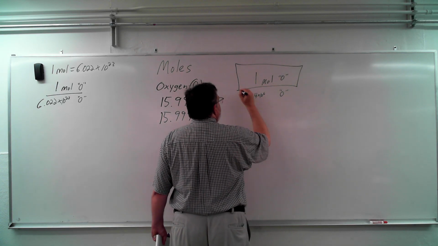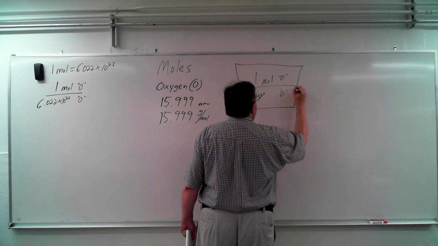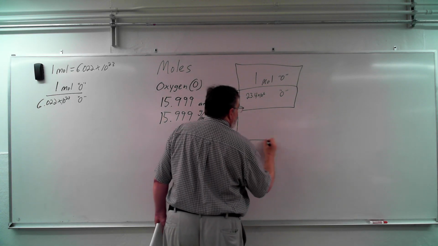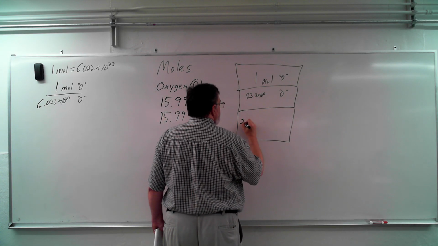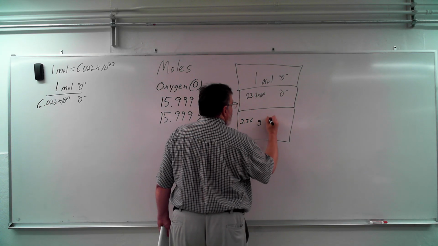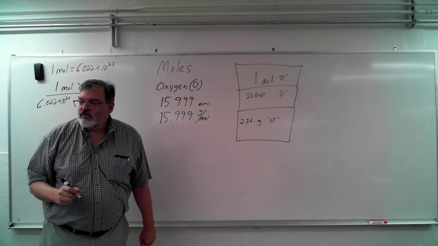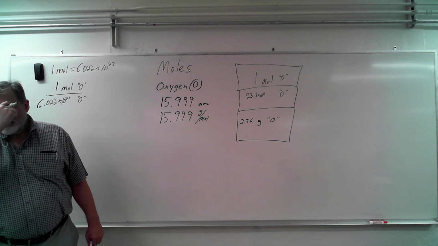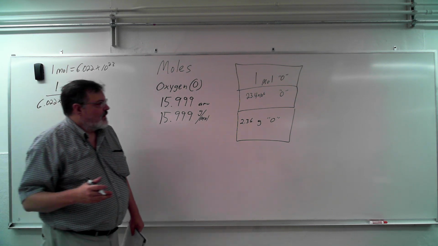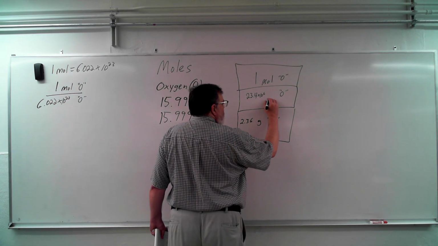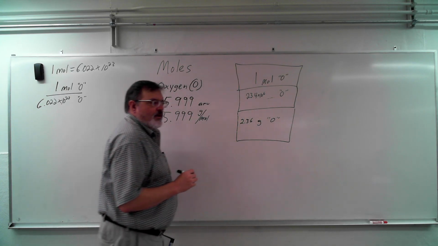And let's say I had 2.36 grams of oxygen. Three different ways I might refer to oxygen atoms. What you need to notice here is that when there's no unit here, that actually means something.